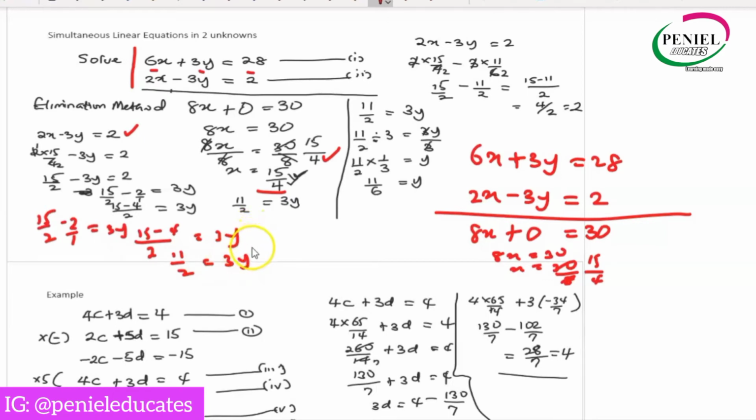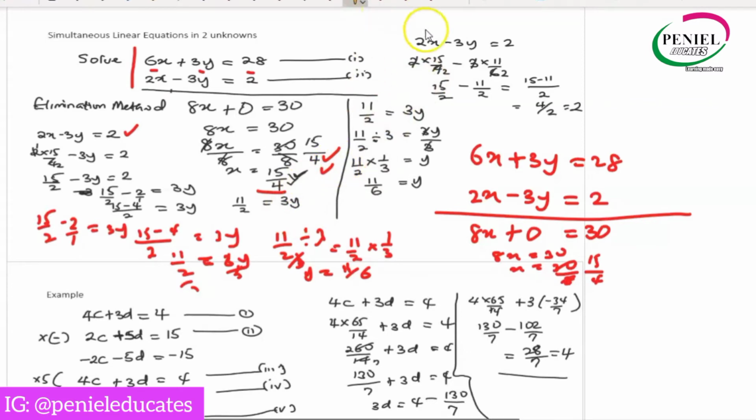Then if I divide both sides by 3, this one will be y, and 11 over 2 divided by 3 is 11 over 2 multiplied by 1 over 3, that is 11 over 6. So my y is 11 over 6, and I have my x to be 15 over 4.